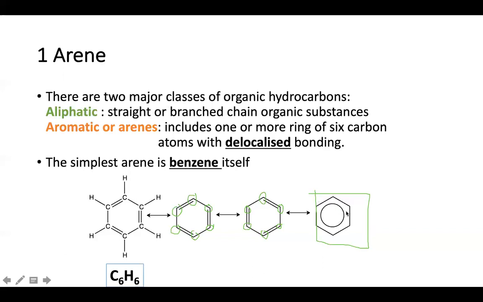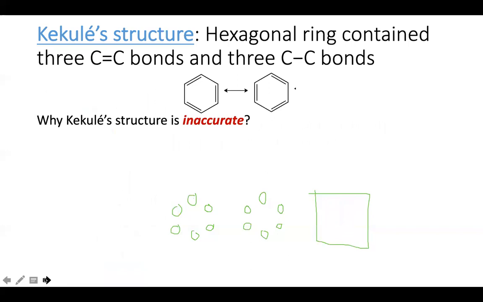The double bond is constantly moving, or we say that the pi electrons are constantly moving in a circle. So you just draw that circle, delocalized, okay? It's not fixed. I'll talk about that bonding a bit soon after this, okay?